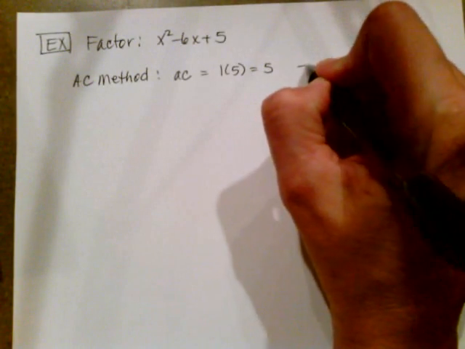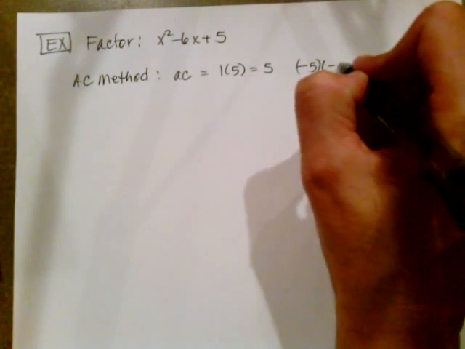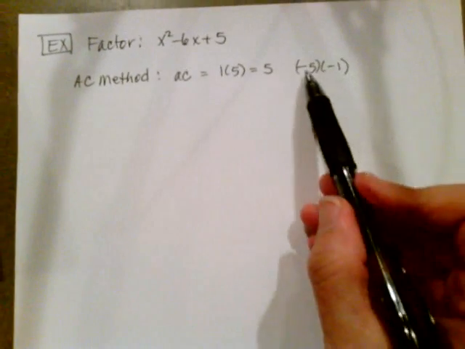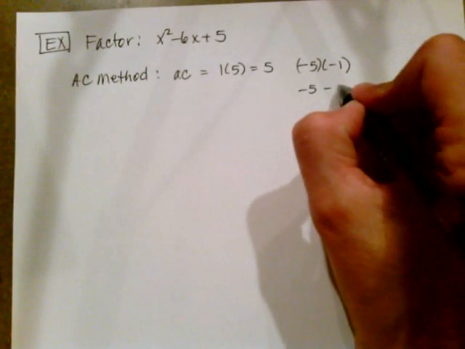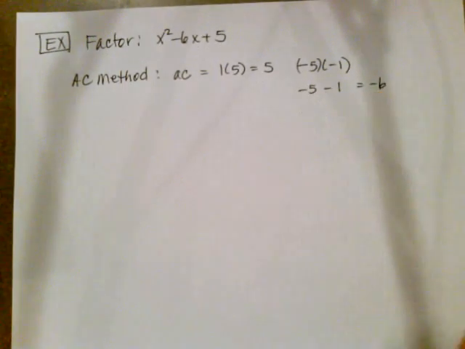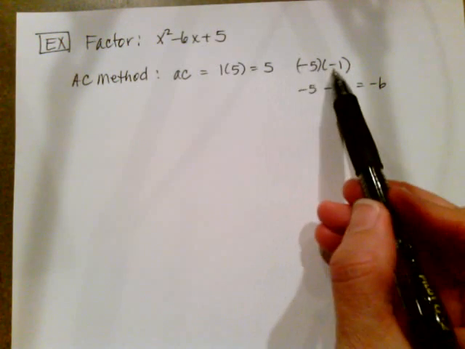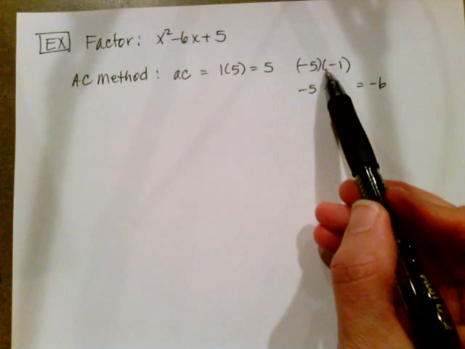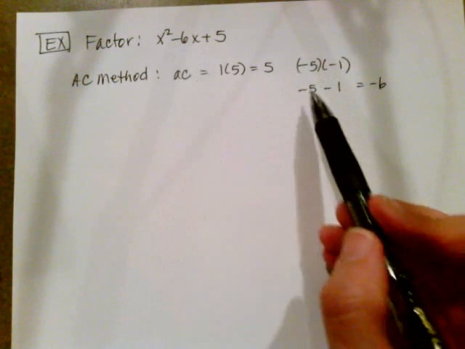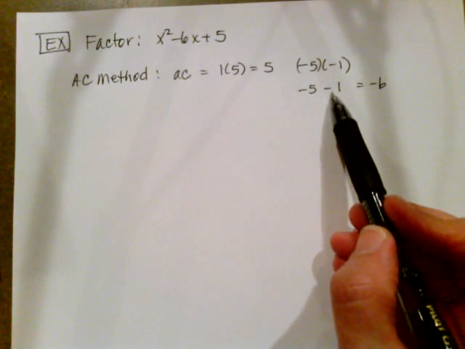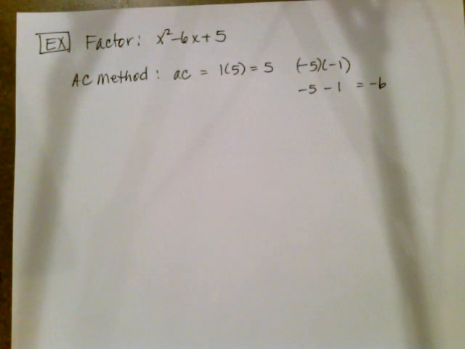So I could do a -5 and a -1, and a -5 minus a 1 would give me the -6. Because this is positive, both of these have to have the same sign, and because this is negative, that means both terms have to be negative, because two negatives makes a positive.